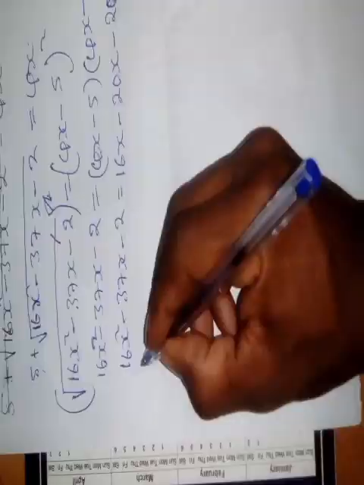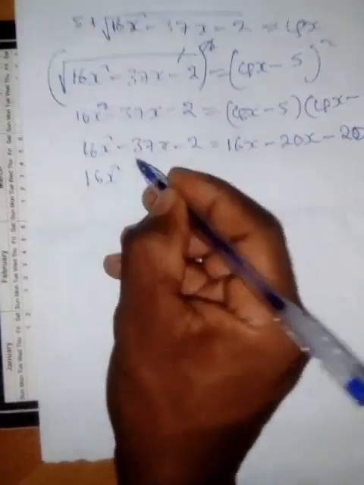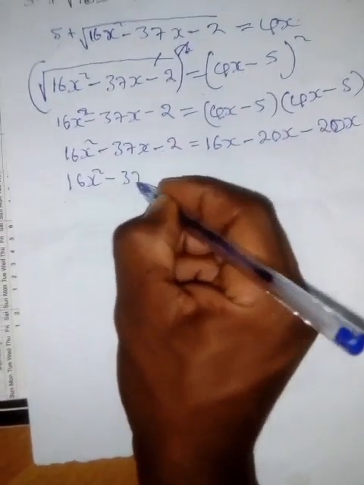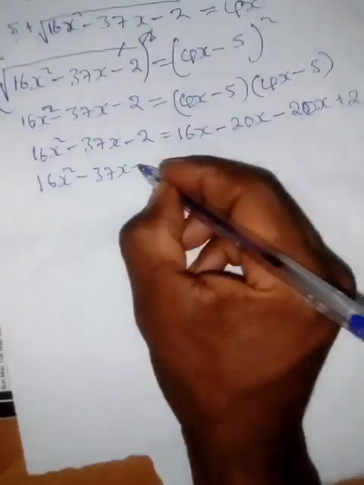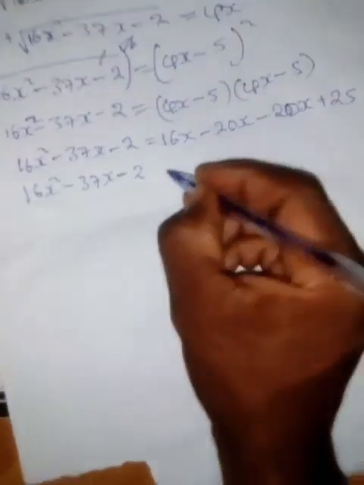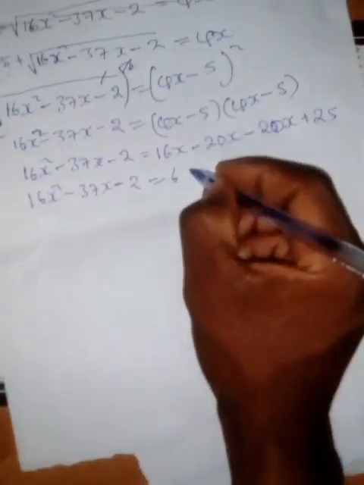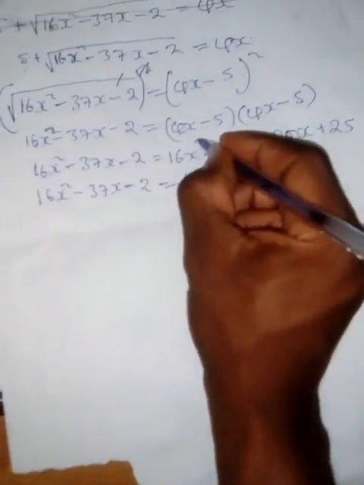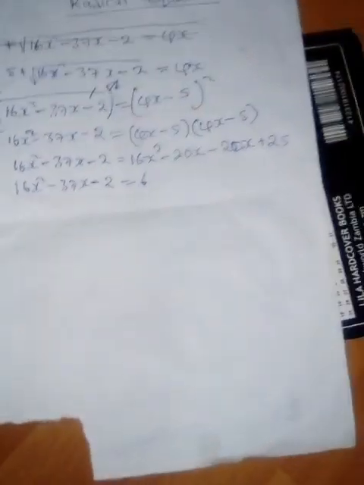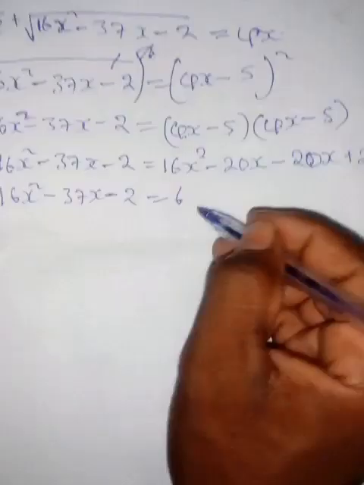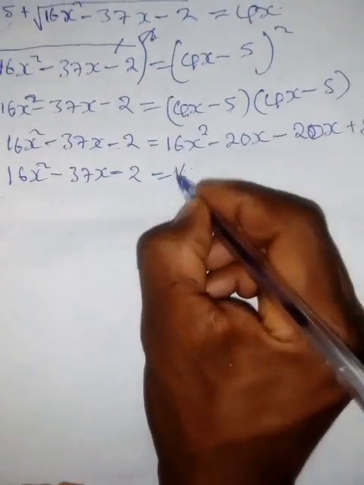So I'm gonna write this 16x squared minus 37x minus 2 is equal to 16. Now this one is squared, I'm sorry for that. So this one is 16x squared.